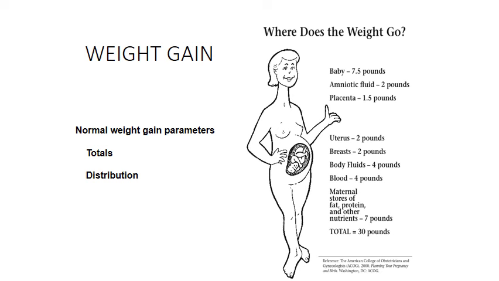If they're underweight, they can gain anywhere from 18 to 40 pounds. Overweight, of course, 15 to 25, and obese, 11 to 20. So you see the little bit of difference on weight gain for what's normal BMI, what's underweight, what's overweight, and what's obese. So they are a little bit different. So just make sure you review those.